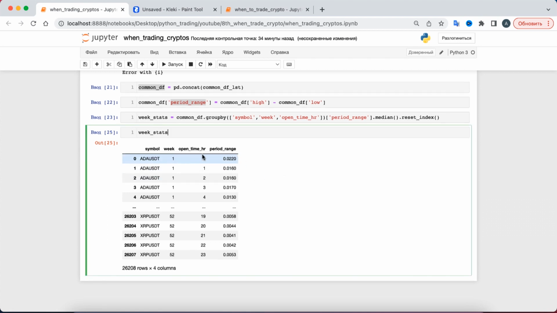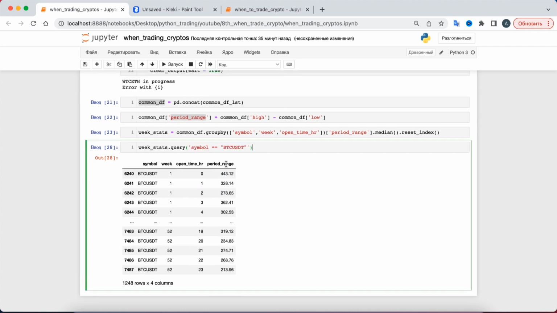And now we can see that on ADA USDT in the first week of the year at midnight, the median price range was just 0.02. If we take a look at BTC, we can find more information about volatility for different hours and weeks.